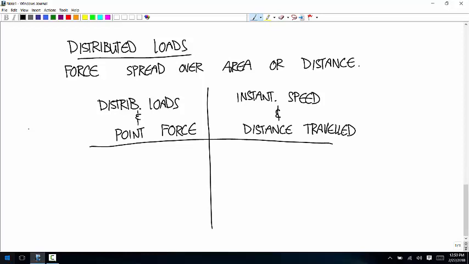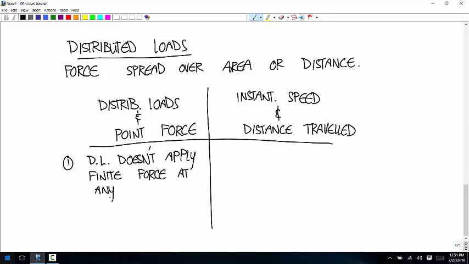Okay, so first of all, a distributed load doesn't apply a force at any single point. A distributed load doesn't apply a finite force at any point. At any single point, it's an infinitesimal force.